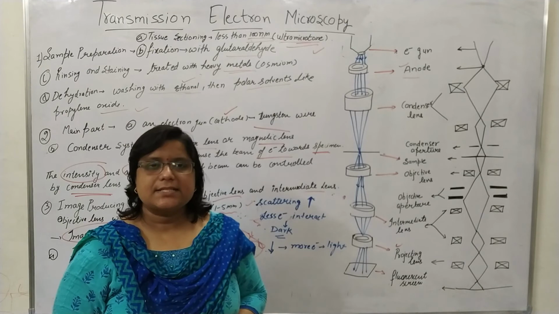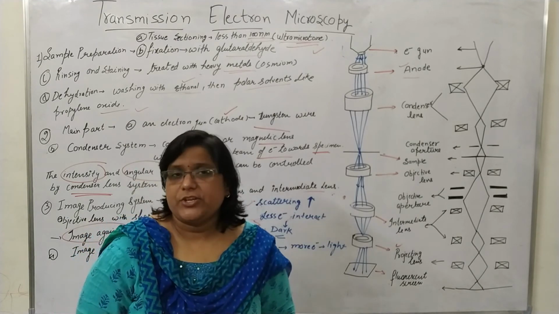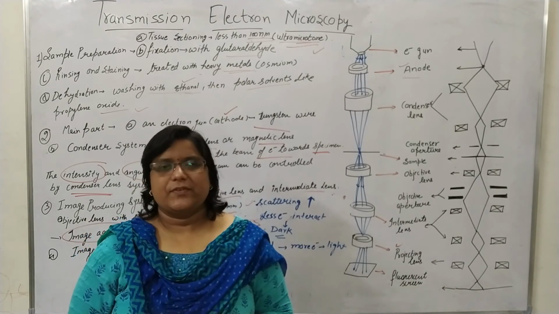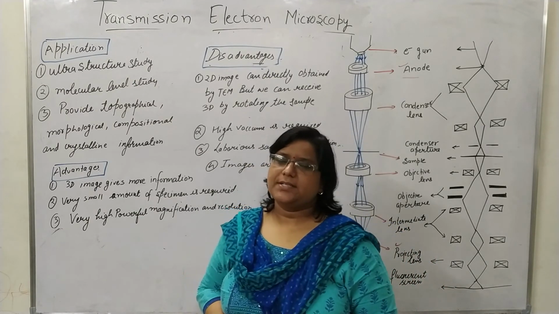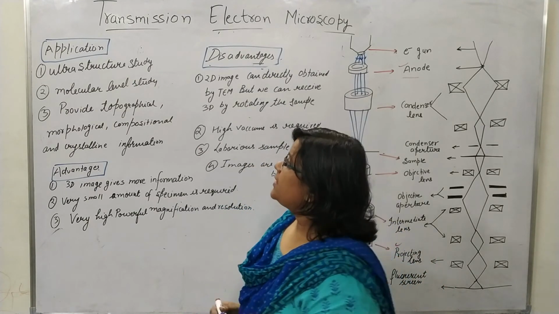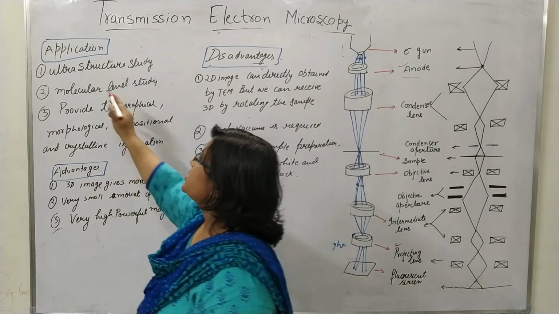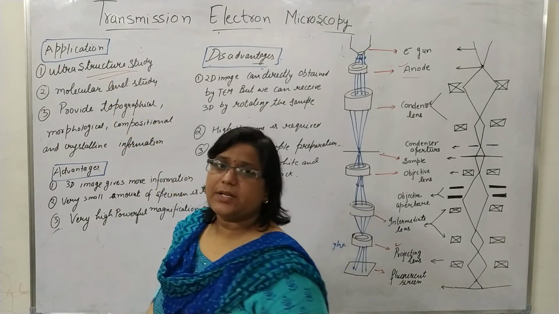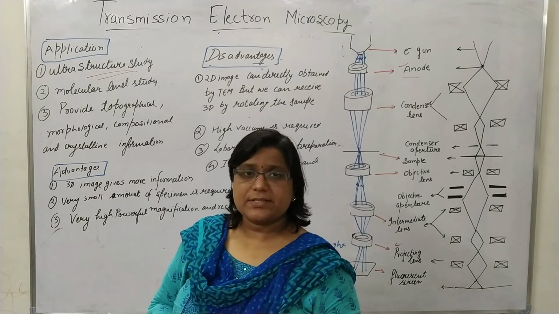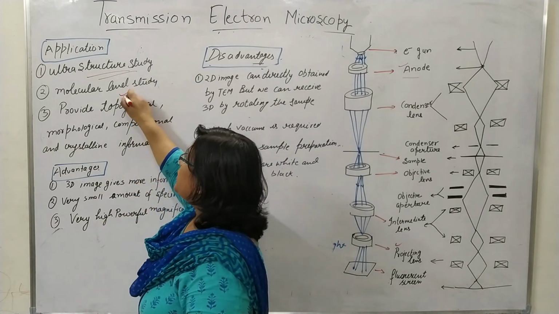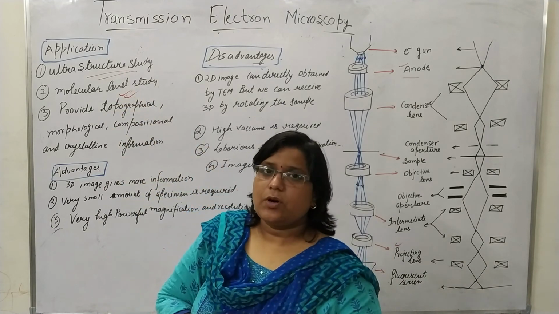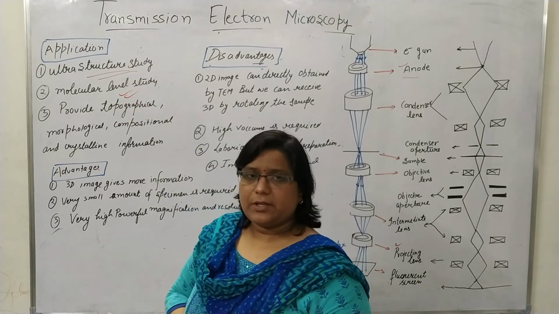Now we will discuss the applications, advantages and disadvantages. The main application is ultrastructure study. We can do more and more ultrastructure studies with the help of transmission electron microscopy. It can give molecular level structures, so we can study at the molecular level also.